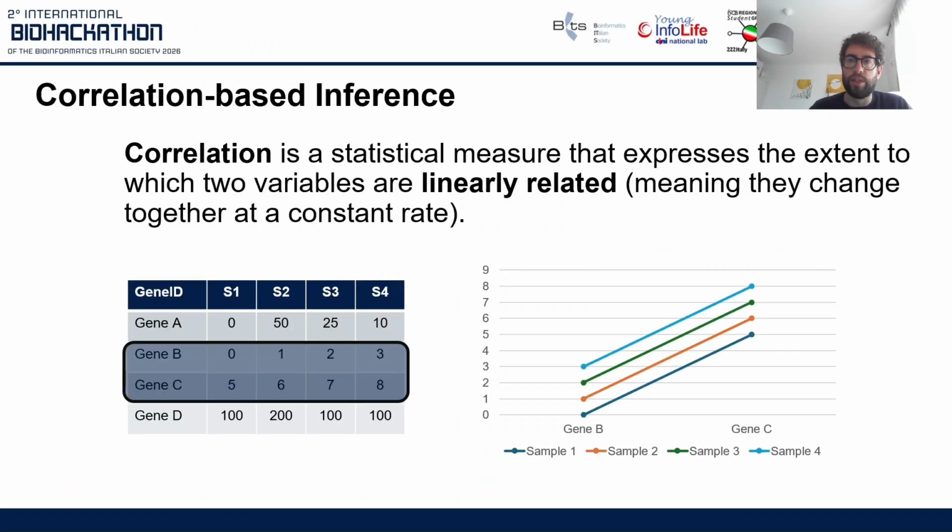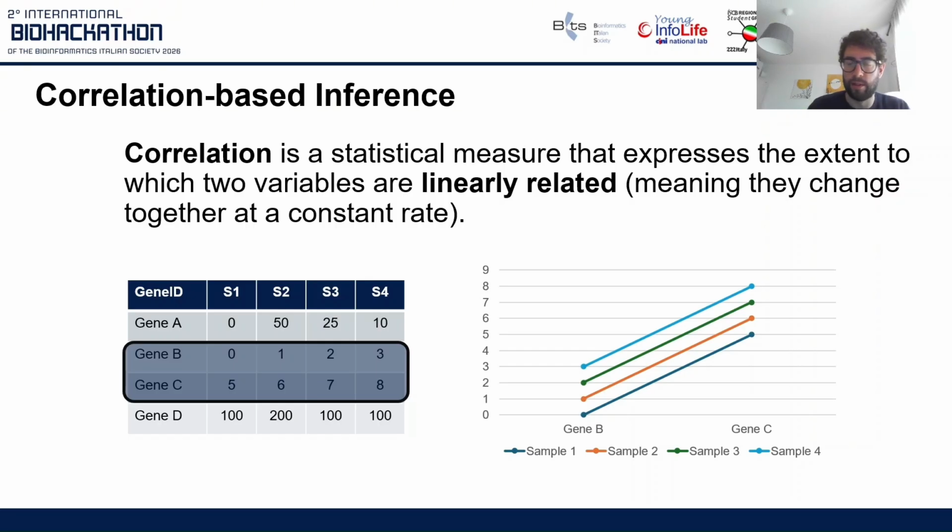Correlation is a pretty straightforward metric, and it's a measure that expresses how well two variables are linearly related. So if they change together, then they are correlated. For example, in this case, we see gene B and gene C that are growing together at the same rate, so they are perfectly correlated.